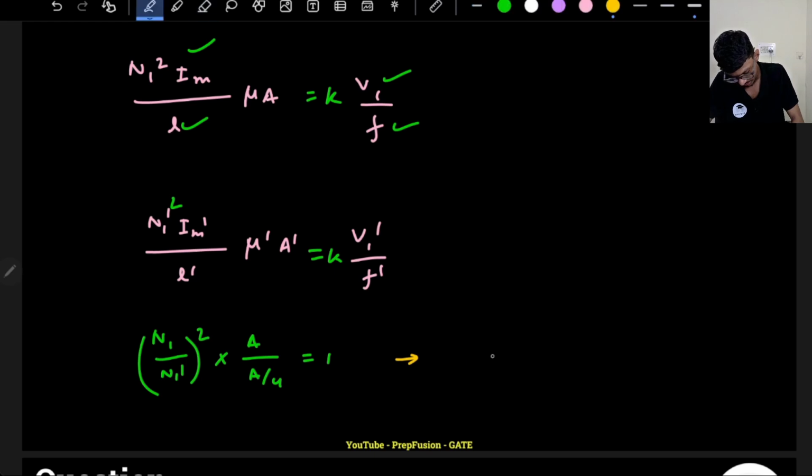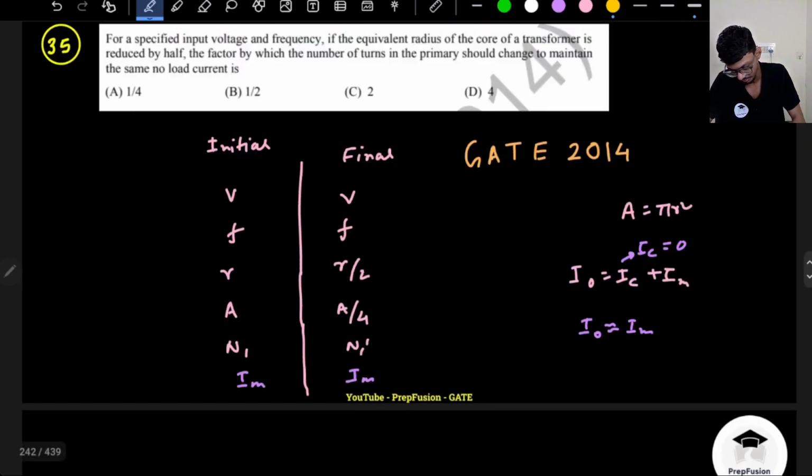A will get cancelled, I can take the whole under root, so this will be N1 divided by N1 dash whole under root, so this will be 1 by 2. So N1 dash will be 2 into N1. I have to double the number of turns from the previous value.